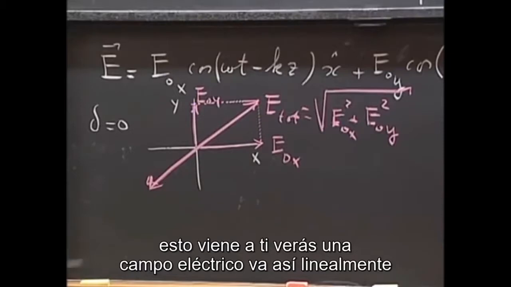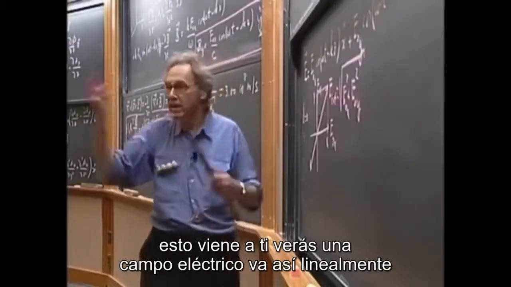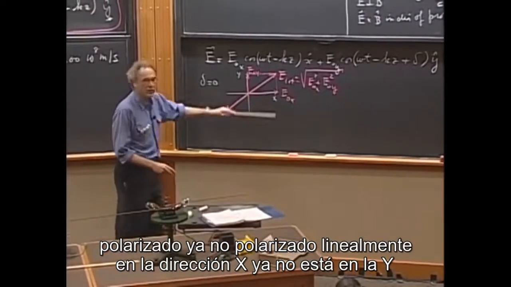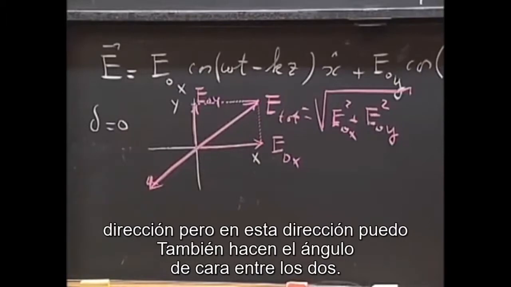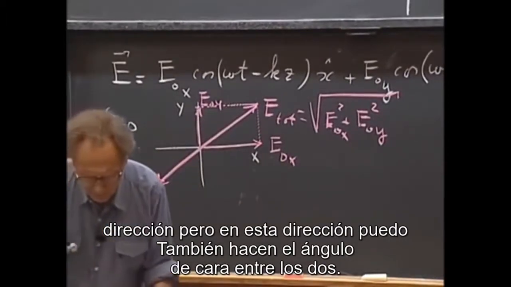And if you see this coming to you, you will see an electric field going like this, linearly polarized. No longer linearly polarized in the x direction, no longer in the y direction, but in this direction.